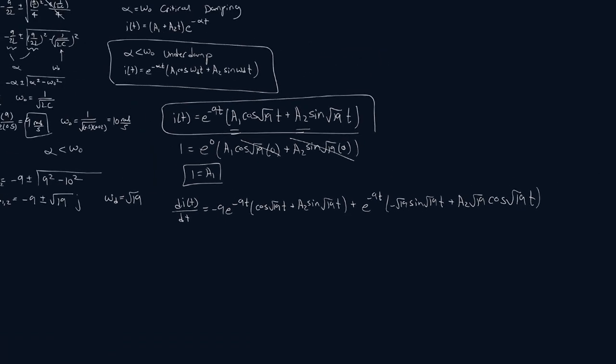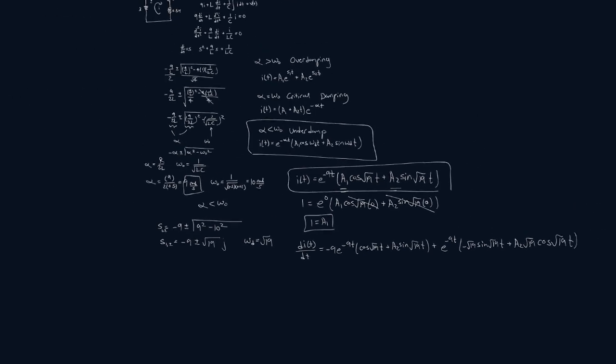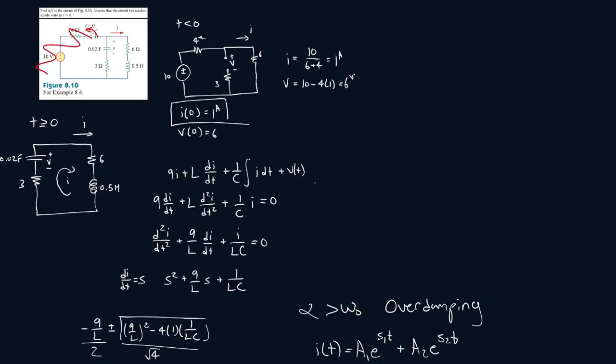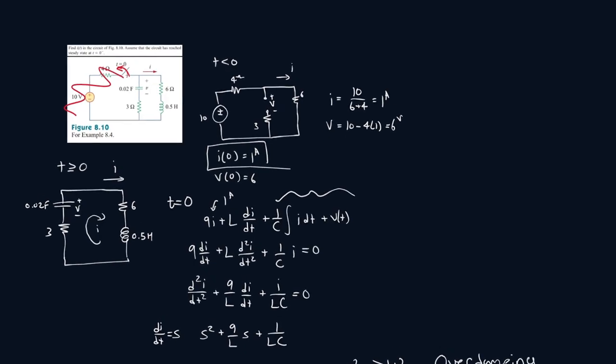Okay, so now we have to find our di over dt, and we can use the following here to solve for it. If we look at it from when t is equal to 0, we know our i is going to be 1 amp, and we also know that this whole value is the voltage at our capacitor. Okay, and we pretty much know that that's going to be 6, right?